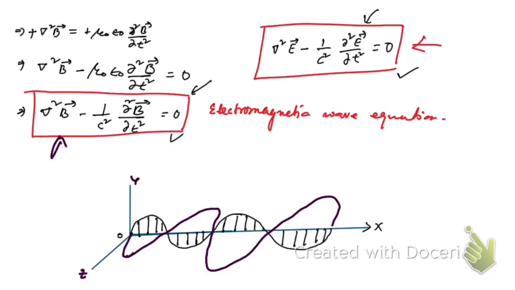This one represents this wave that you can see in red color now, which is oscillating perpendicular to the x direction in xy plane. This is in xy plane, whereas the wave represented by this equation containing magnetic field is oscillating in this plane, zx plane. This is zx plane, right? And this zx plane this way, right? So hope you understood this.